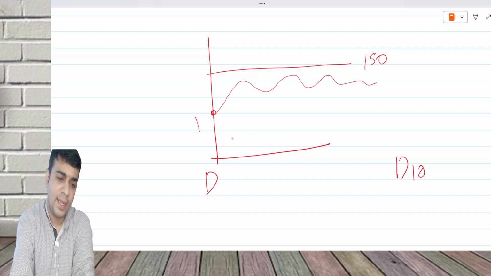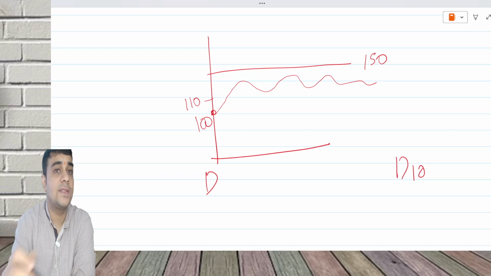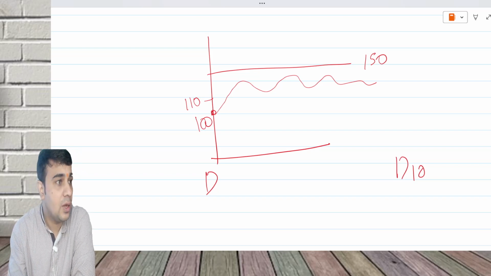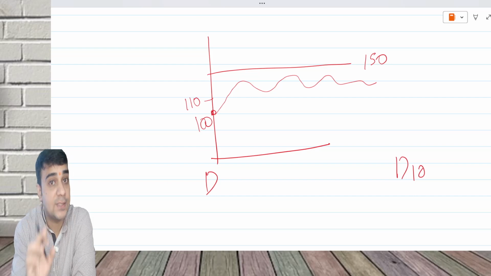So let's assume today is 100. The exercise price is 110. Let's take it as a call option only. Today it is 100, exercise price is 110. But I have put a barrier saying if it touches 150, it becomes a live option.